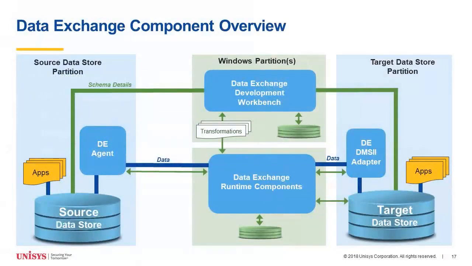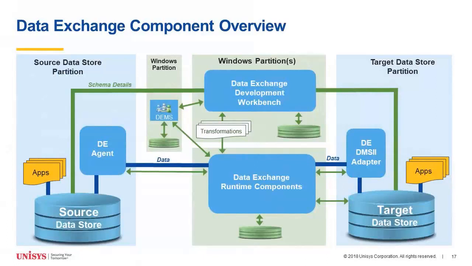For those of you familiar with Data Exchange, this diagram illustrates the topology of where DEMS resides. DDW, the Data Exchange Development Workbench, and the runtime components all talk to DEMS for security authorizations. DEMS has its own SQL Server database where it stores roles and privileges as defined by our customer. DEMS provides the mechanism to restrict which users can install other Data Exchange Windows components as well.